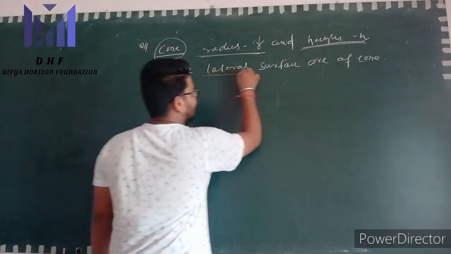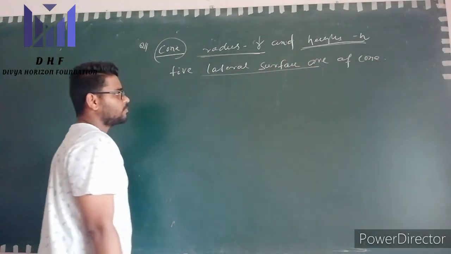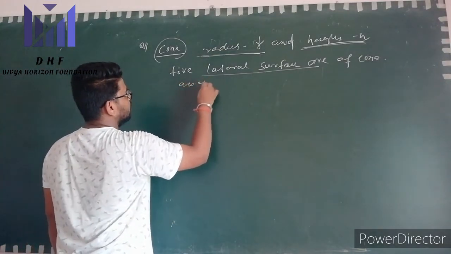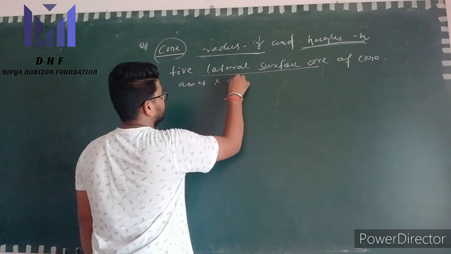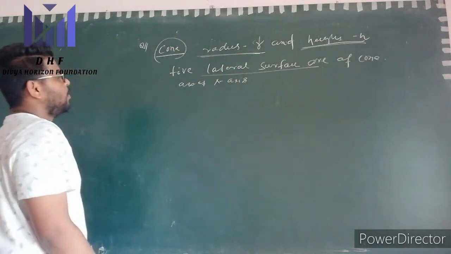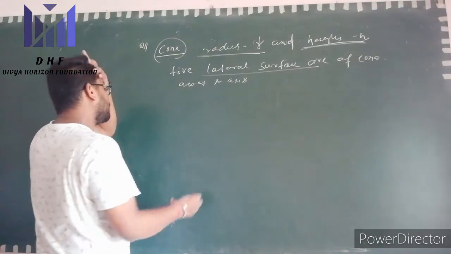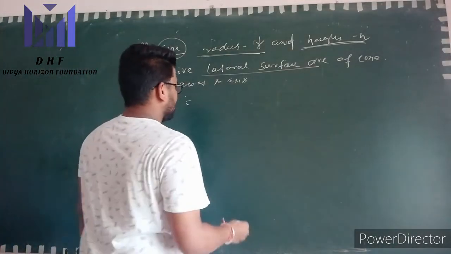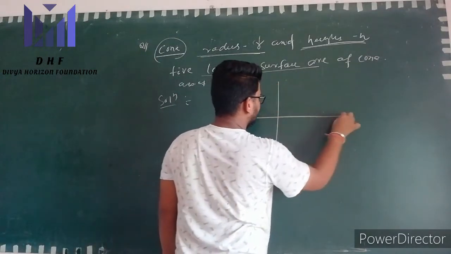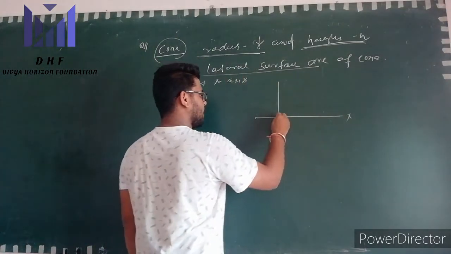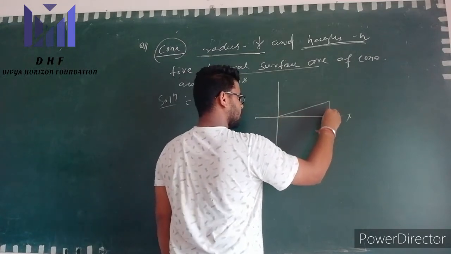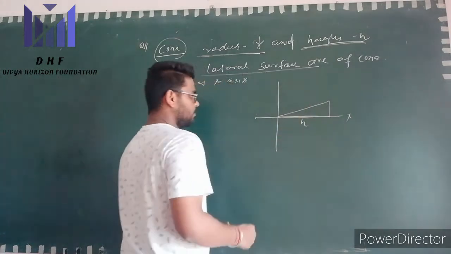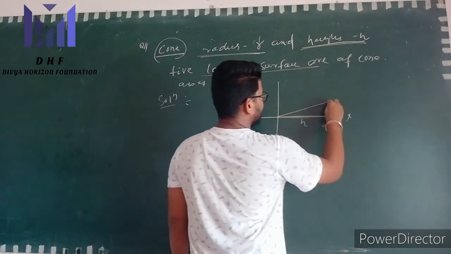Then what is the lateral surface area of a cone, about the x-axis? Solution. Suppose this is our x-axis, and suppose this is our height h, and this is radius r.